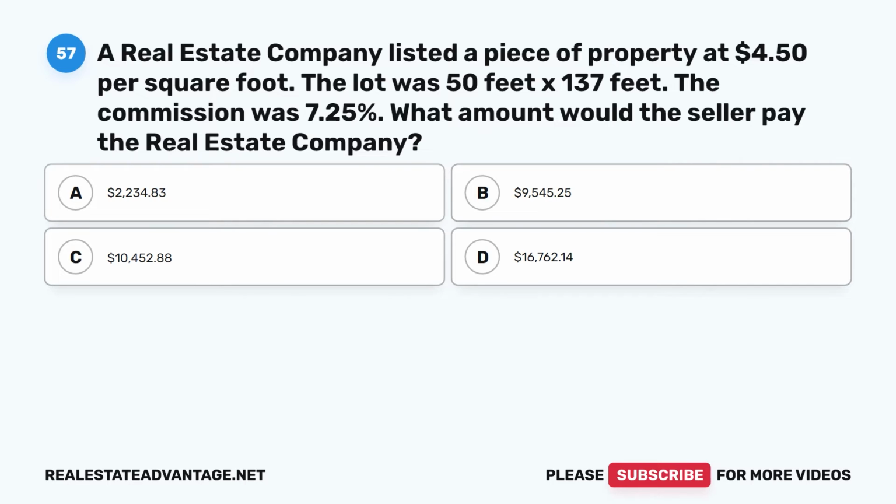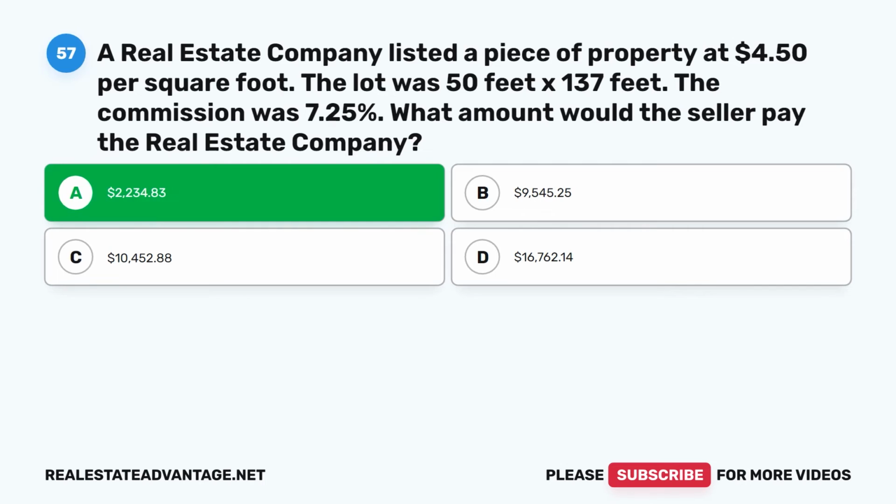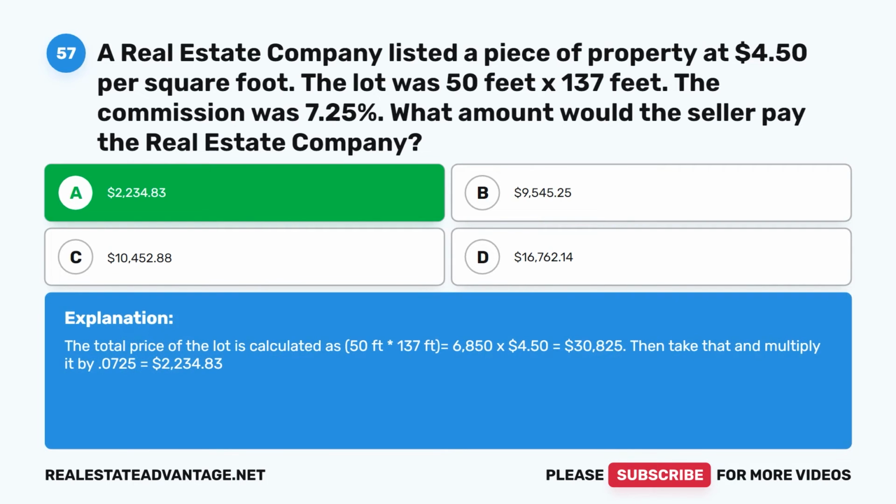D. $16,762.14. The correct answer is A. $2,234.83. The total price of the lot is calculated as 50 feet times 137 feet equals 6,850 square feet, times $4.50 equals $30,825. Then take that and multiply it by 0.0725 equals $2,234.83.